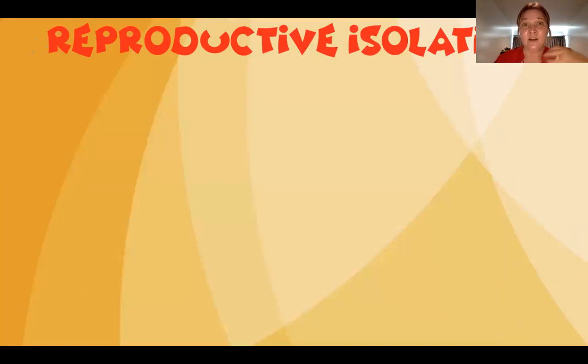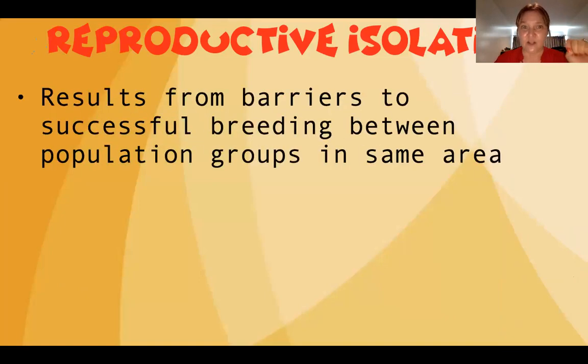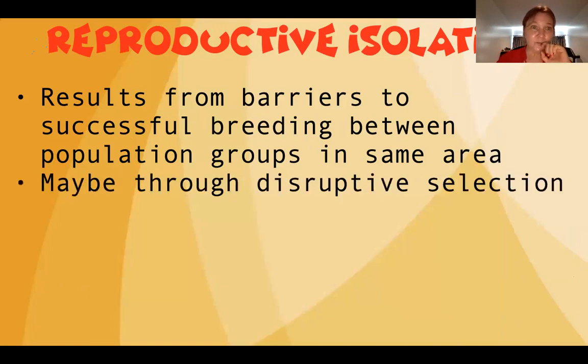Like I said, it can happen in a myriad of ways. The second type of isolation is called reproductive isolation. This results from barriers to successful breeding between population groups in the same area. Now, how do you have barriers to successful breeding? You can have it in a couple of different ways. It could happen through disruptive selection.